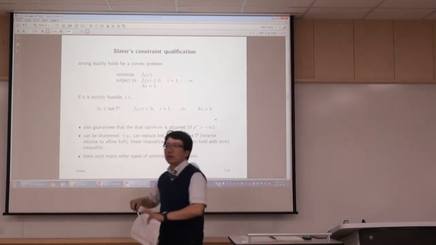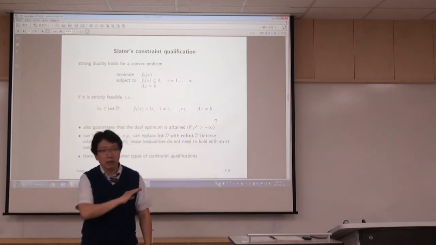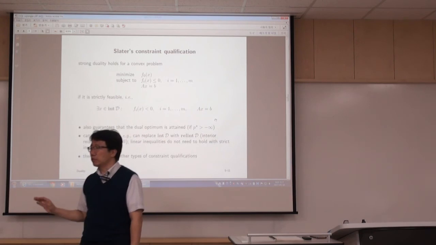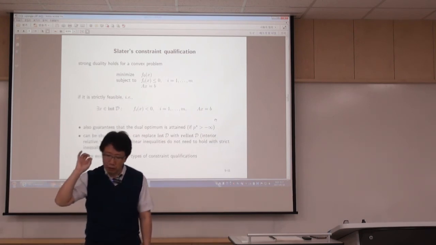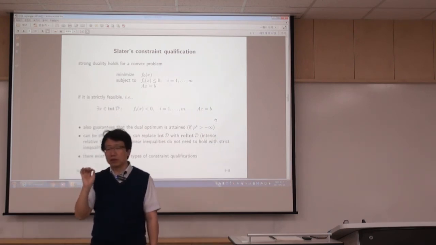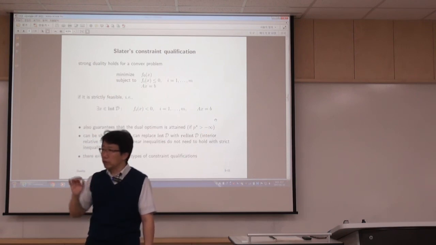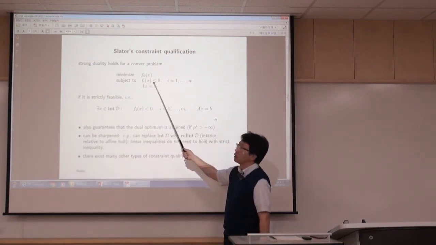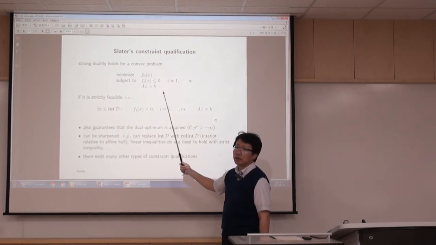What does that mean? We do not talk about a general constrained optimization problem with some inequality constraint functions and equality constraint functions. Slater's condition requires this one. Got it?